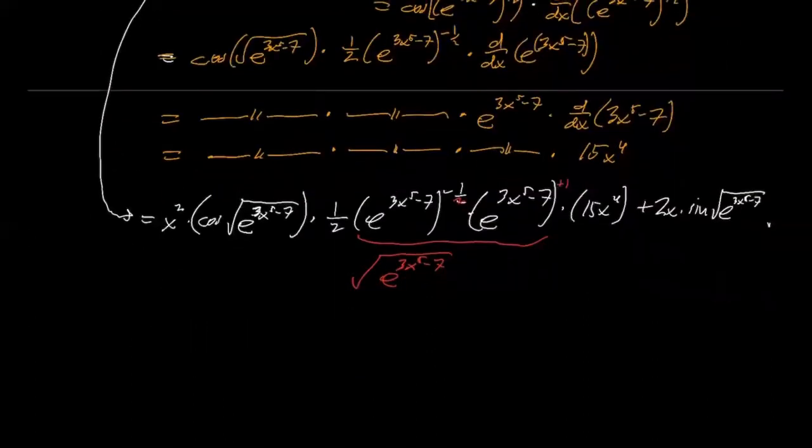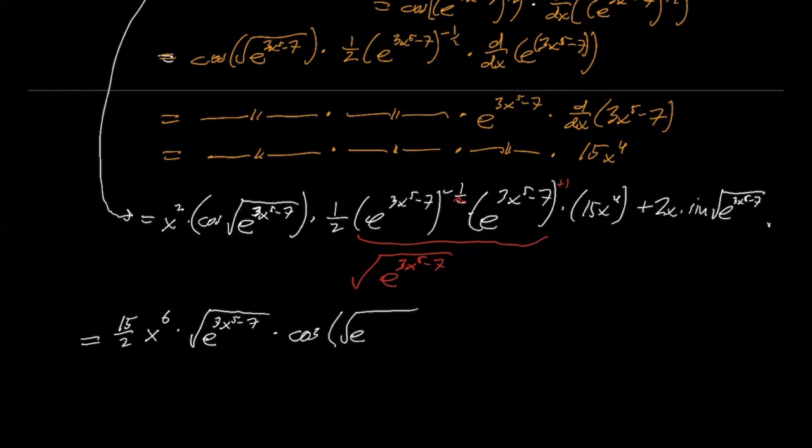So just in the name of cleaning this up as much as I can, we're going to get 15/2 x squared times x to the 4th, x to the 6th, times the square root e to the 3x to the 5th minus 7 times cosine of the square root of e to the 3x to the 5th minus 7.